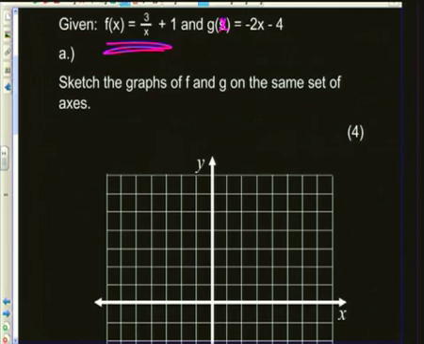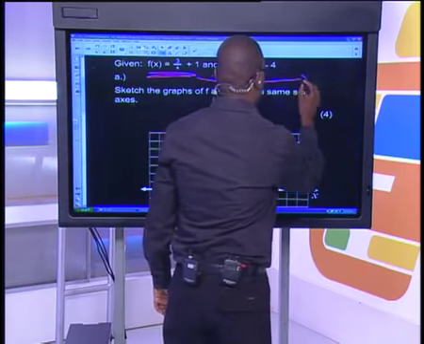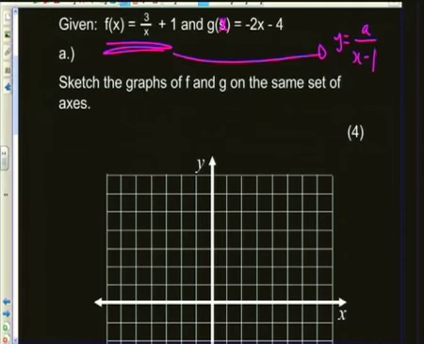It's got asymptotes, right? Now, remember, this is in the form of y equals a divided by x minus p plus q. Just to concentrate on this part, the x minus p, that is your x asymptote. So you're going to say x minus p is naught, then x is p, all right?